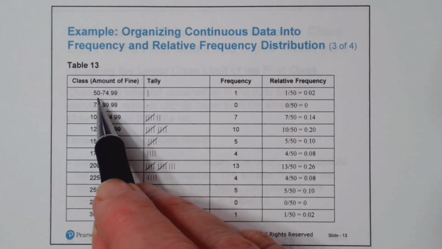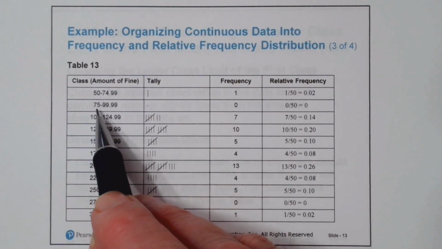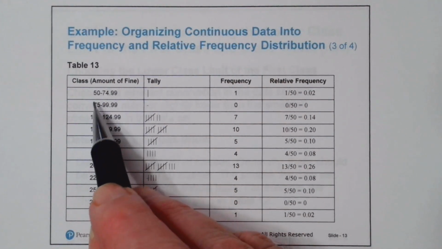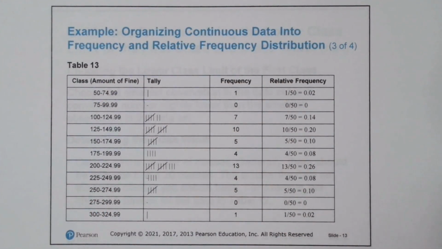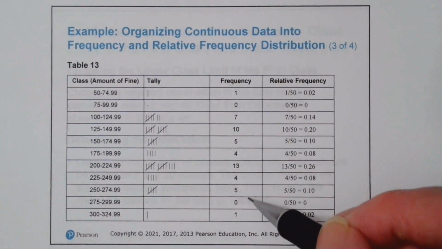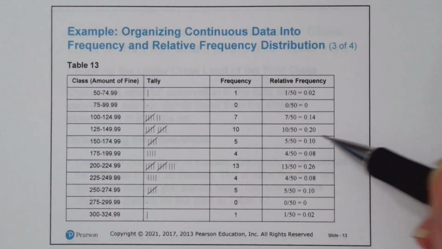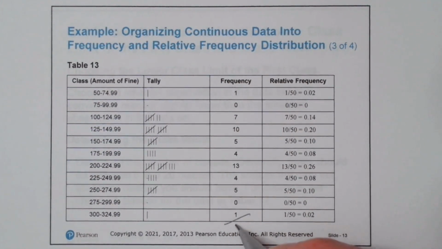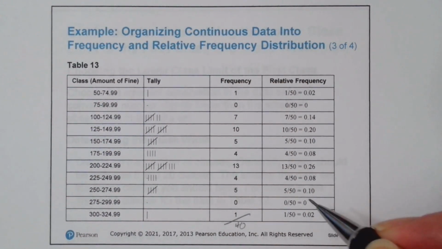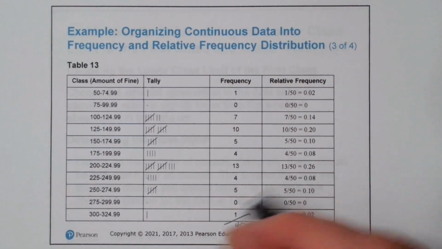So notice you can see that the width of the class is 75 minus 50, or 25. So we had talked about that. And let's see, so here's our frequencies. And again, our relative frequencies. Remember, there were 40 observations, or no, there were 50.